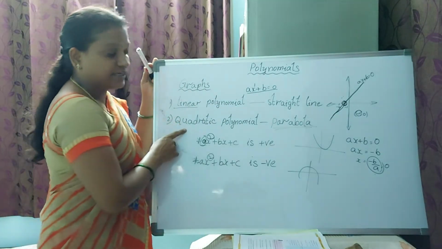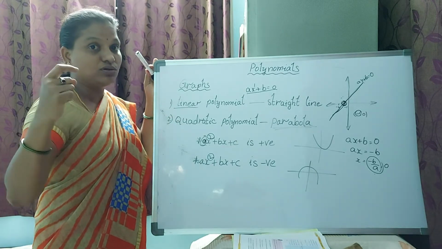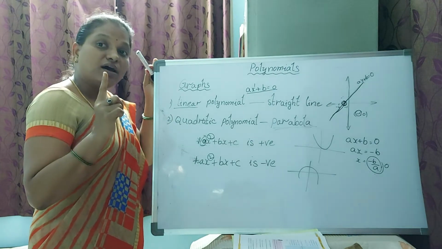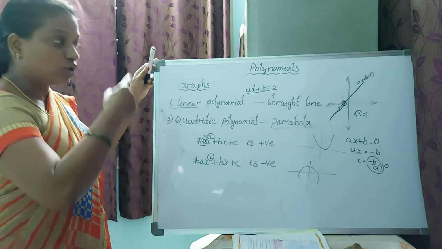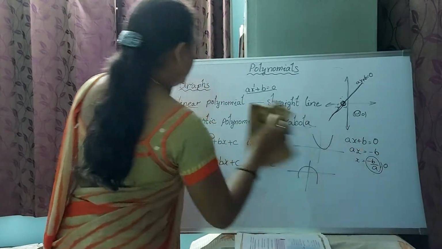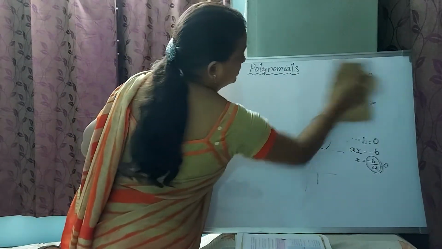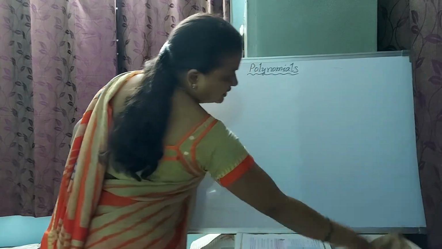Next, for a quadratic, it may be 2, maximum 2. It may be 1 also, and it may be no zeros also. If you draw a parabola, for example, we'll see the figures, then only you can understand nicely. If you see the textbook also, you can see it nicely.